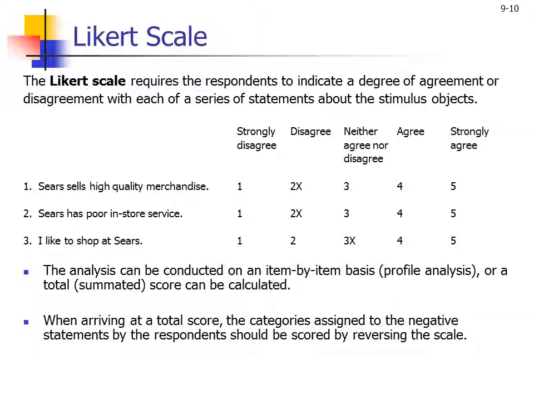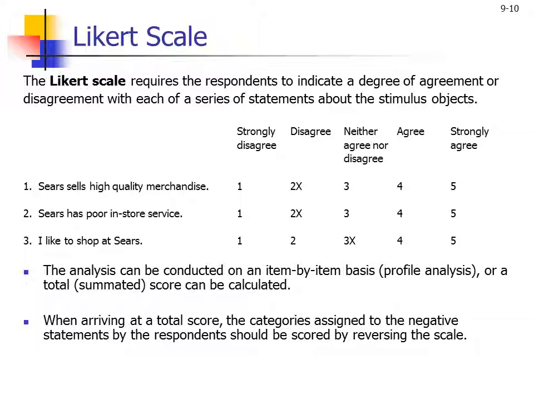Typically, each scale item has 5 response categories ranging from strongly disagree to strongly agree, like here in the slide. The question begins with strongly disagree and ends with strongly agree, from number 1 to number 5.